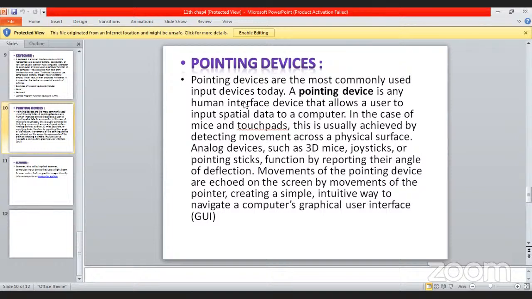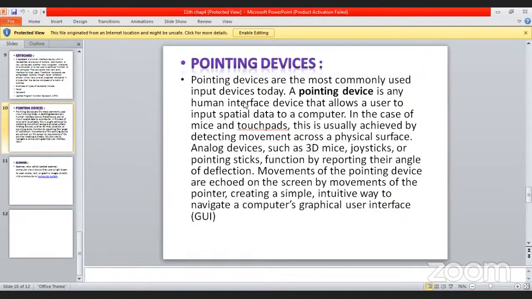What is an optical mouse? When the user moves the mouse, the optical mouse works with an optical sensor that recognizes the flat surface. The one we commonly use is the optical mouse.